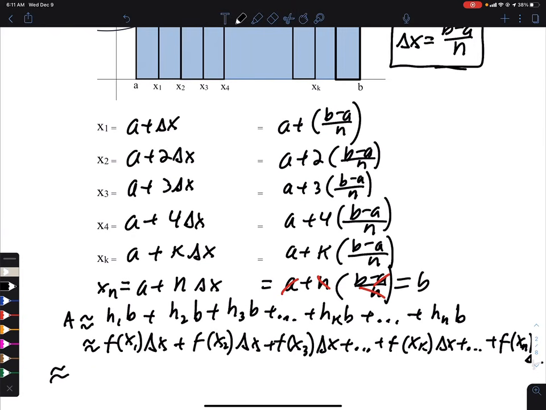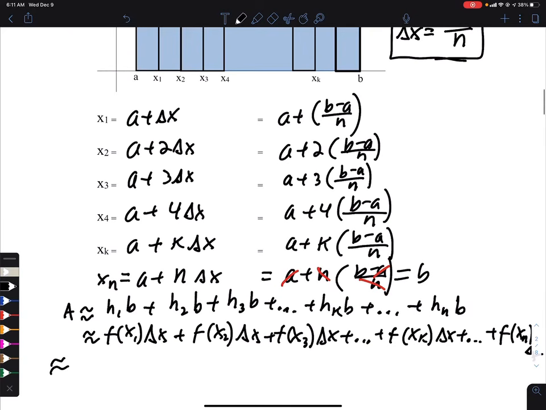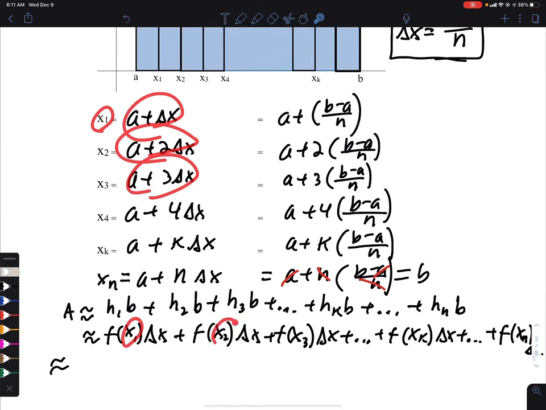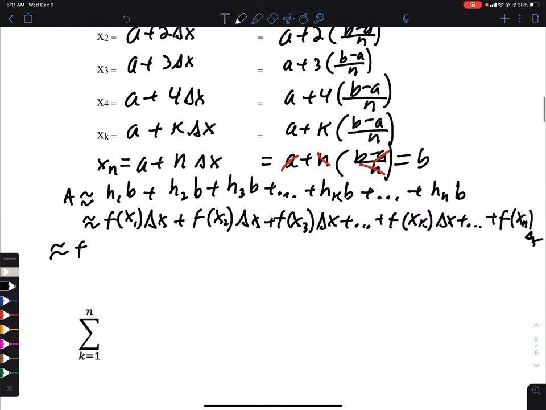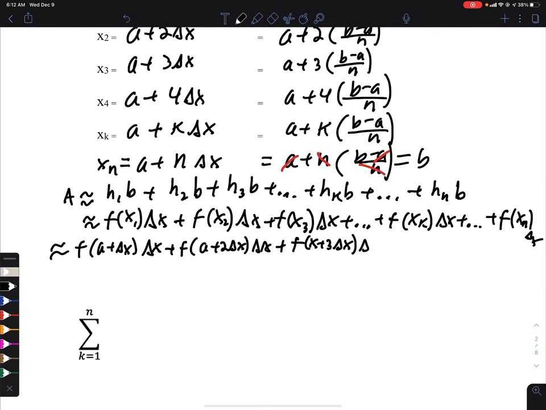Well, I can write this two ways. So we're going to put all these in for x1, x2, x3. So now we're going to get f at a plus delta x, f at a plus 2 delta x, plus f at a plus 3 delta x.